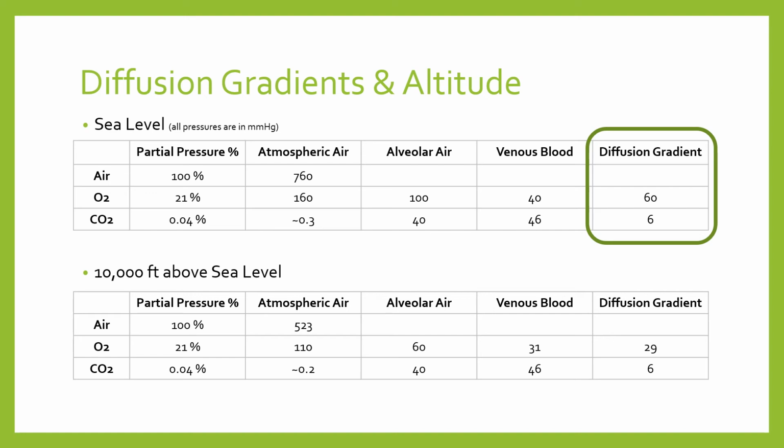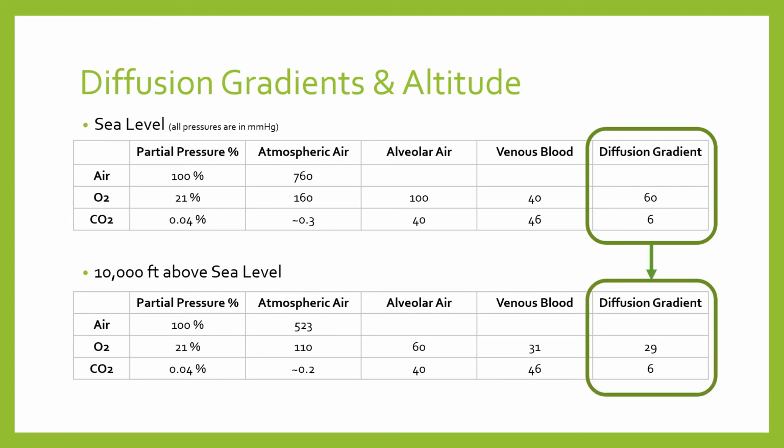It's only a tiny fragment of the overall pressures. The diffusion gradient doesn't really take a hit when it comes to carbon dioxide. So carbon dioxide is being diffused out into the alveolar air essentially at the same rate, but oxygen is coming in much more slowly.